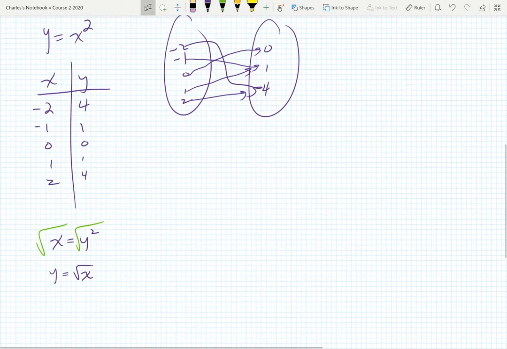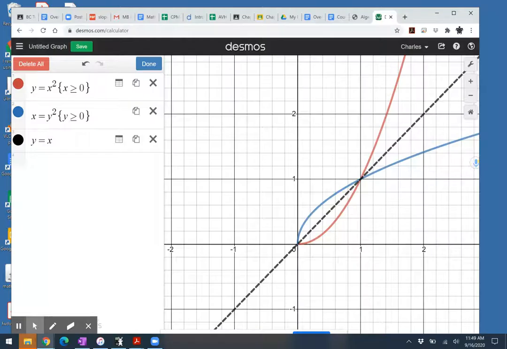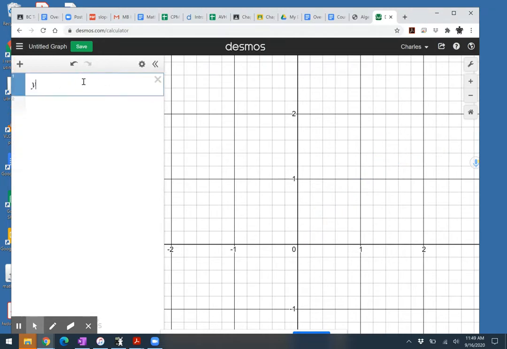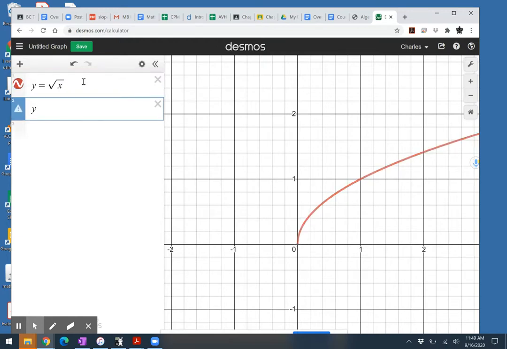But something strange happens in this. We've sort of just defined the square root of x to be the positive side. And I think we've done that because we want it to be a function, but technically square roots can be either positive or negative.